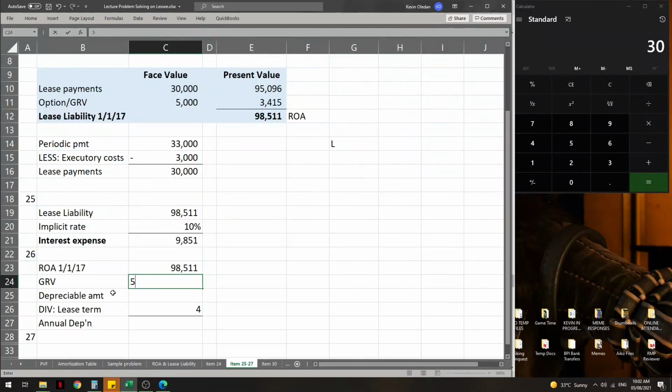Guaranteed residual value natin is 5,000. So, computing that, 98,511 minus 5,000 will get 93,511, our depreciable amount. That should be the ones to be divided over 4 years para makuha po natin ano ang annual depreciation, which is equal to 23,378.